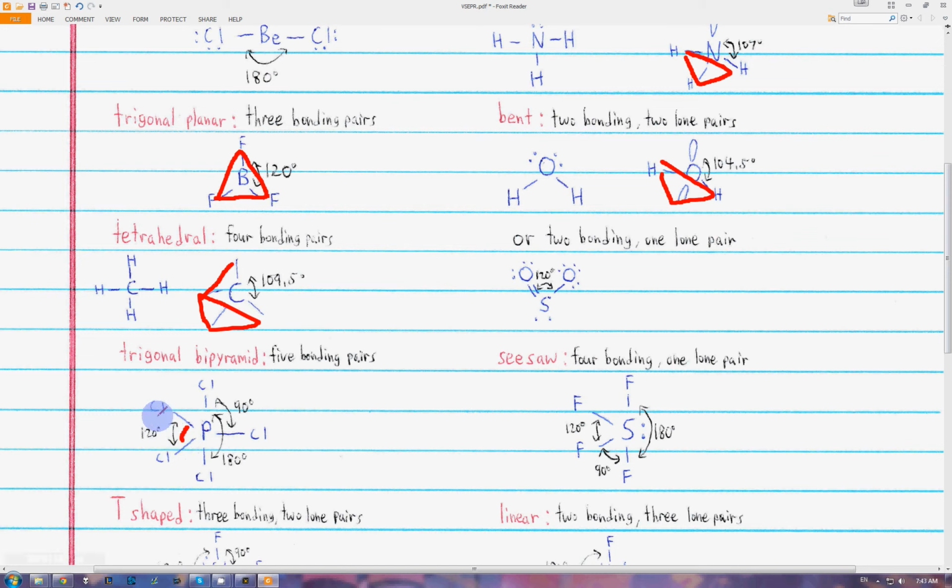And so these 3 chlorines make a flat triangle, while these 2 chlorines on top and bottom poke out perpendicular to this flat triangle. So the angle between these 2 chlorines is 90 degrees, and the angle between the 2 chlorines on the top and bottom is 180. So you can also think of it as 2 pyramids that have a triangular base stacked on top of each other.